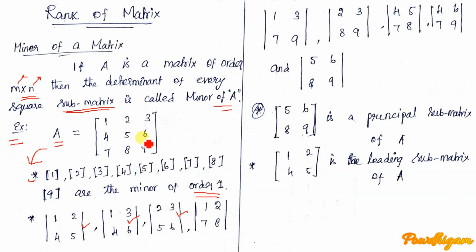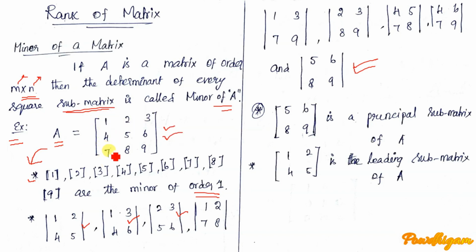Similarly, you will get 1 3, 4 6 again. Like that, you will get 4 or 9 minor matrices from this given matrix A.